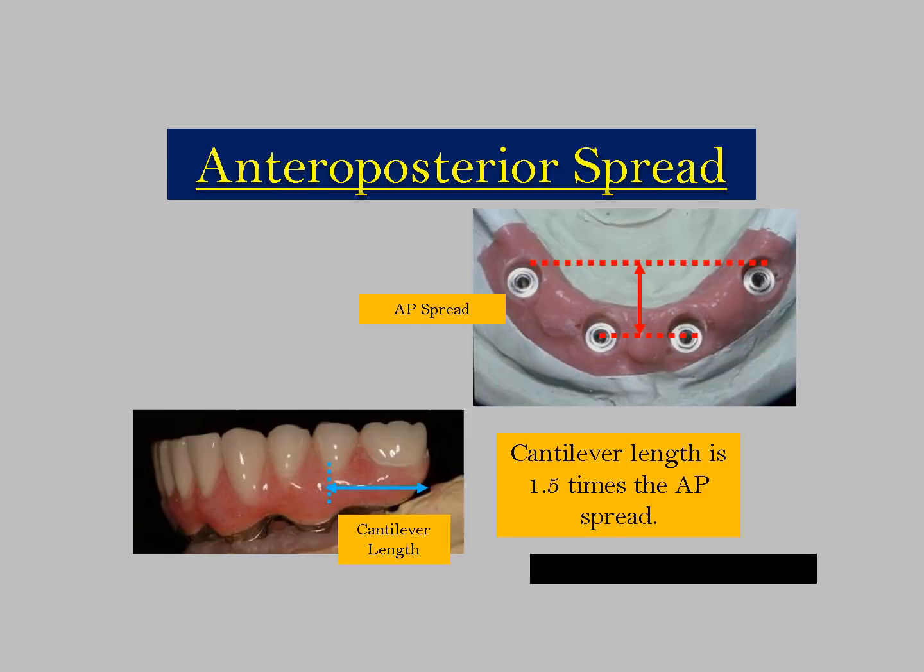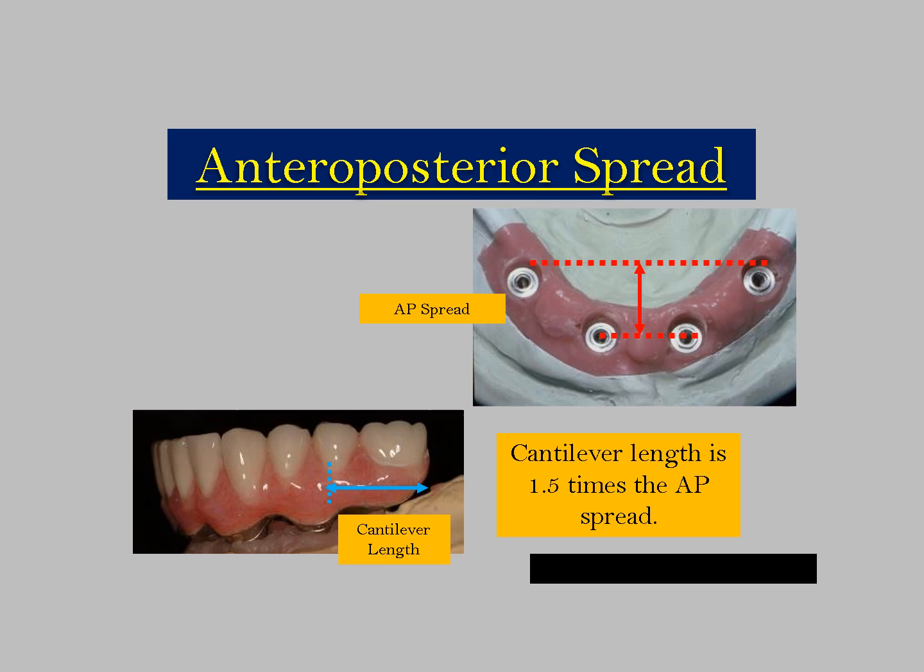The rule is simply called AP spread. What's AP spread? It is the distance between the line of the anterior implants and the line of the posterior implants. This AP spread will be multiplied by 1.5, and this will be the length of the cantilever.